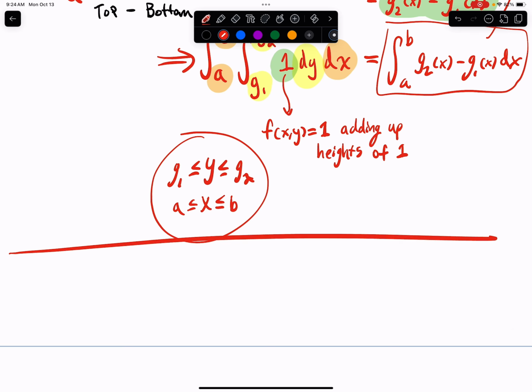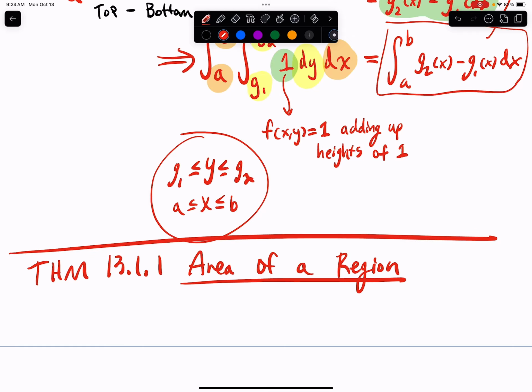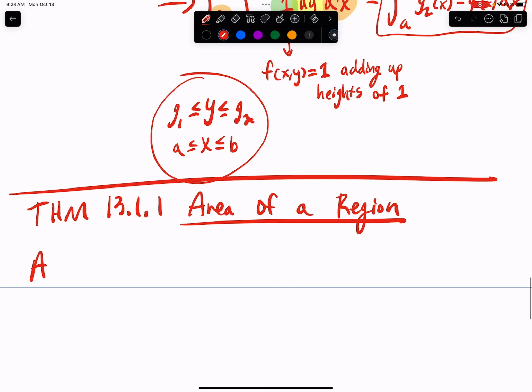So here's the theorem for you. Theorem 13.1, area of a region. The area A is equal to the integral from a to b, g1 of x to g2 of x, of 1. We integrate 1 over this region to find the area.